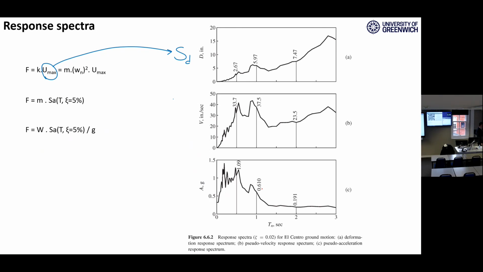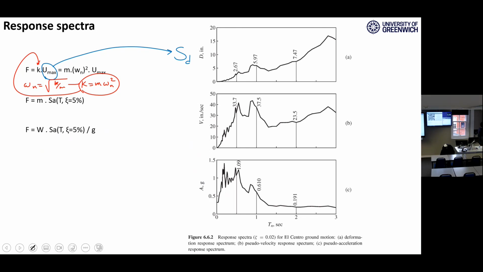However, I can play a little bit with this formula in a way to introduce something very important. We know that omega n is the square root of K over M, isn't it? We can rearrange it to say K is M omega n squared, right? And put it here.